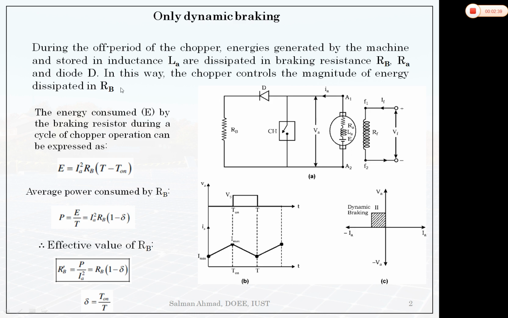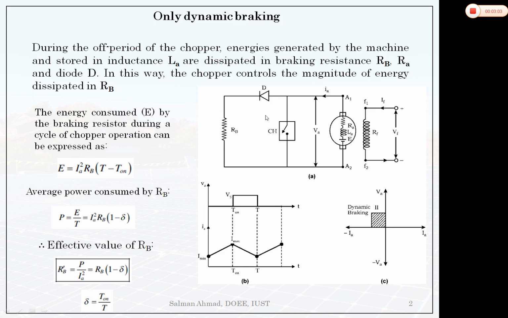Okay, so if we derive some expression for this, the energy consumed by braking resistor during a cycle of chopper operation can be expressed as, so the part dissipated in this will be Ia square times RB, and whenever this chopper is off, then only the energy will dissipate in this resistor.